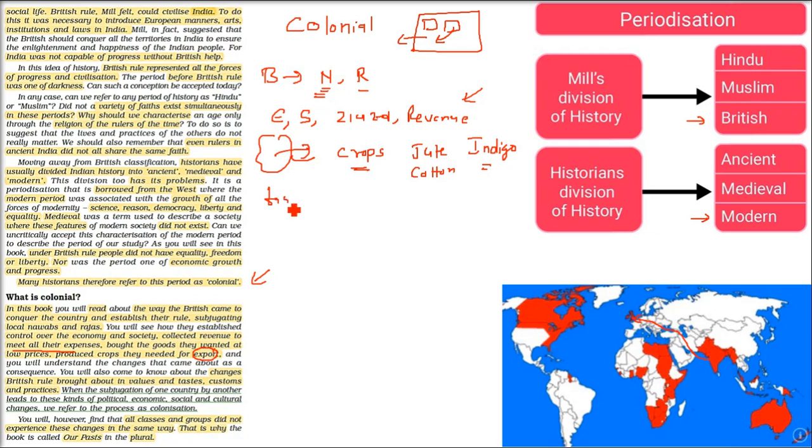Whatever values and tastes we have, that is, we have pizza, burger and etc. All this has come from Western countries only. We didn't have any pizza, burger or macaroni. So they also brought the same. Whatever values and tastes we have, the customs, the practices, they changed. See, whether you're a Hindu or a Muslim or a Sikh or a Christian, whenever there is a birthday, what will you do? This is not our culture.